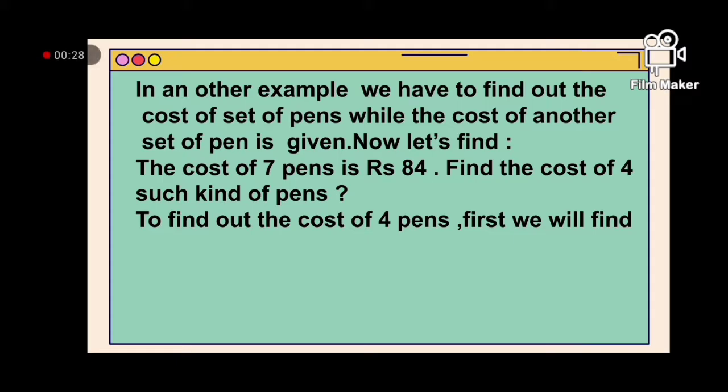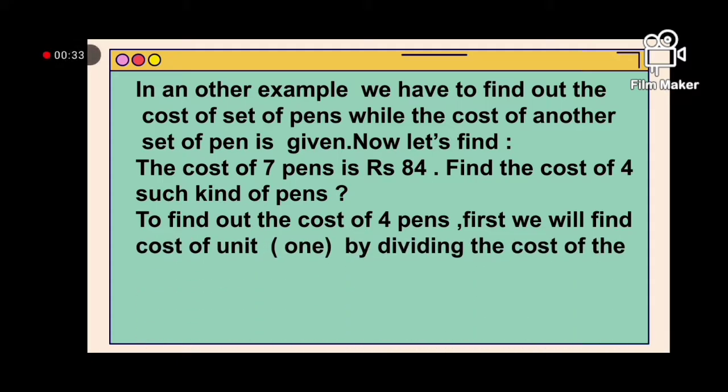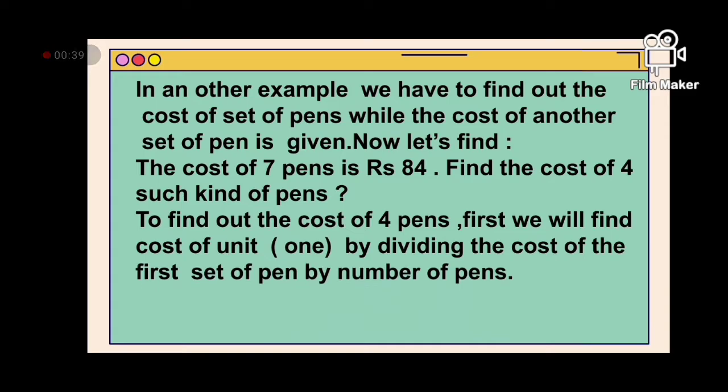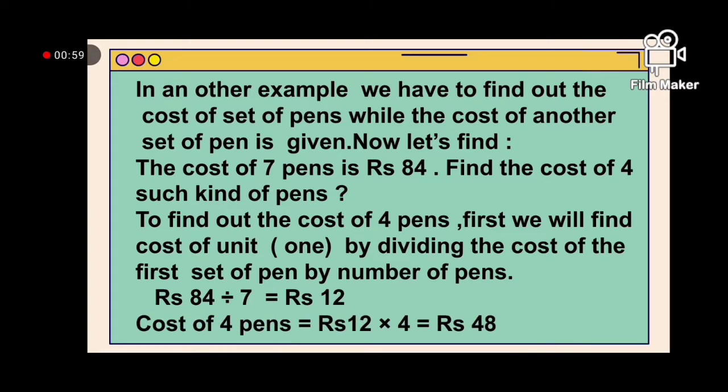To find out the cost of 4 pens, first we will find the cost of a unit by dividing the cost of the first set of pens by the number of pens. Rupees 84 divided by 7. The cost of 7 pens is rupees 84. So first we will divide 84 by 7 to find out the cost of 1 pen, that is 12.